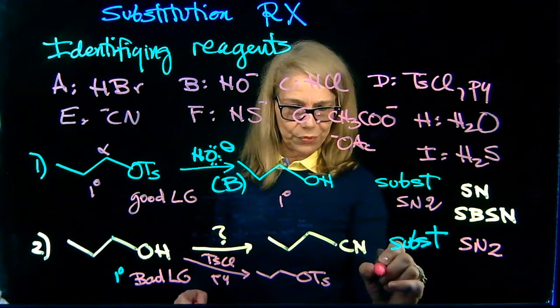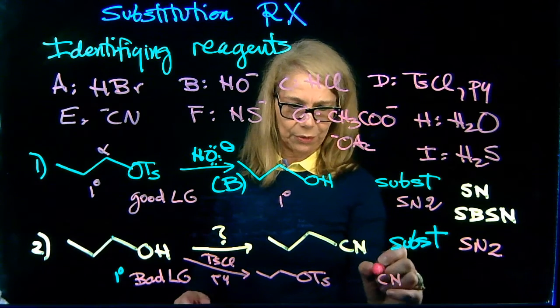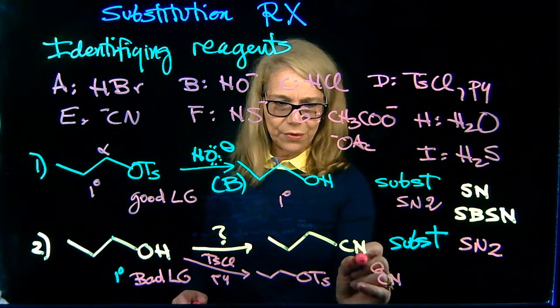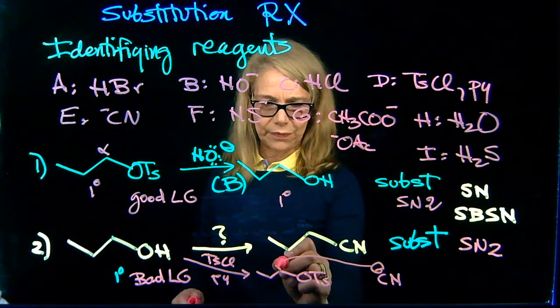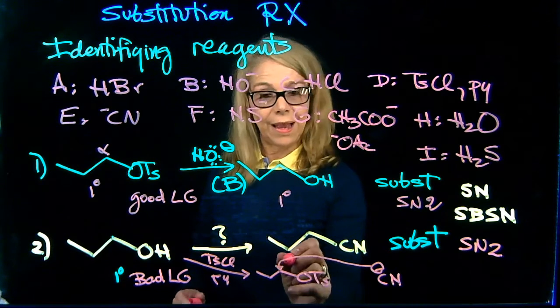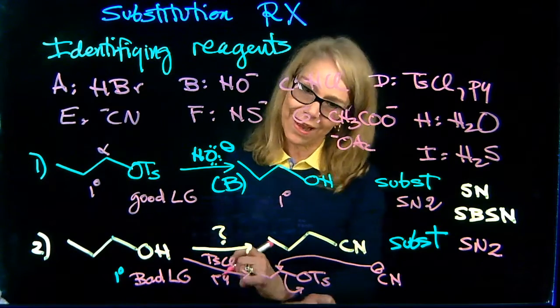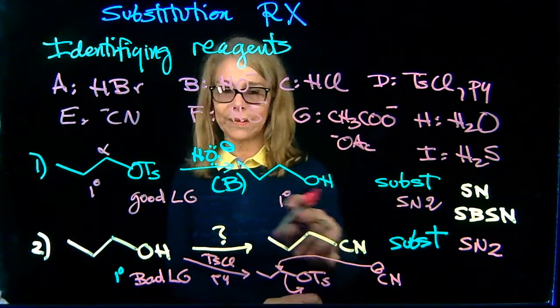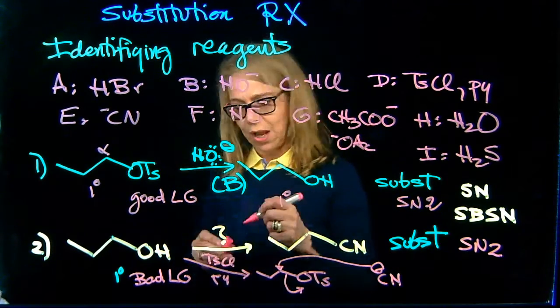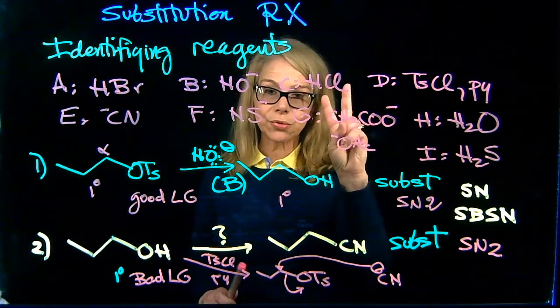What I'm going to do now is write my nucleophile over here, and you're going to have the attack on the alpha carbon, and at the same time, loss of the leaving group. And that way, you get the product here, the propanenitrile. So bottom line, we needed two reagents.